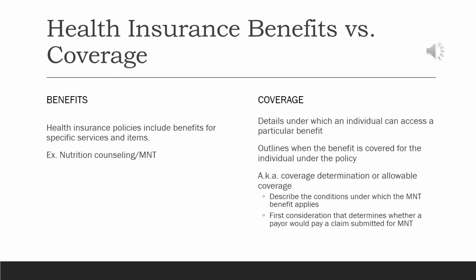So they outline when the benefit is covered. What conditions or diagnoses does a person have to have to obtain nutrition counseling? How long do they obtain nutrition counseling? How many hours a year and whatnot?